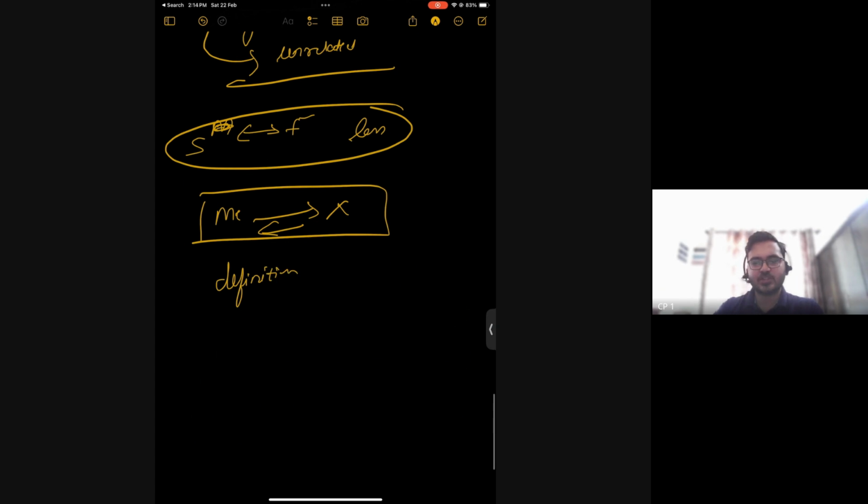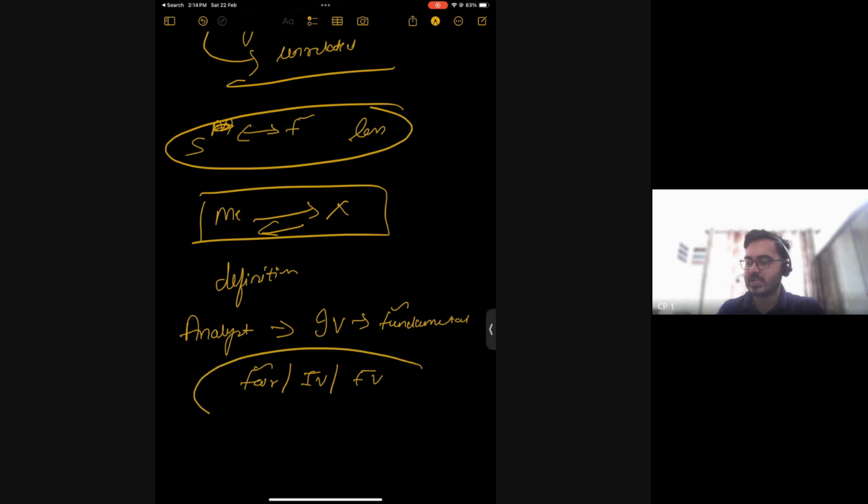So this is the definition of fair value, or intrinsic value, or fundamental value. The idea here is that whenever you're working as an analyst and trying to get to the intrinsic value, you should use a valuation methodology, which means you have to use a valuation model which gives you fair value, or intrinsic value, or fundamental value of the stock.